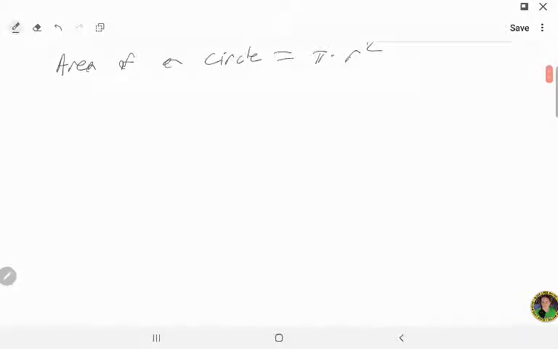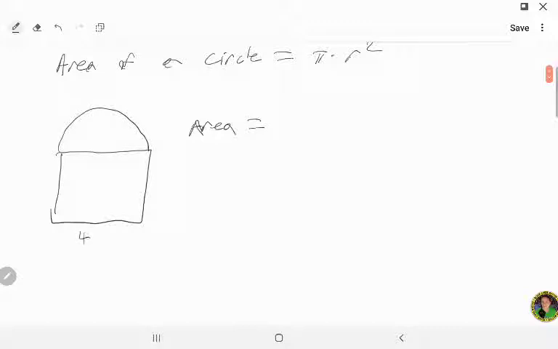So we notice that, for instance, if we were going to look at a square with a half circle on top of it, the area of this shape is going to be given by, if we just call this space 4 centimeters, the area of the square plus the area of the half circle.